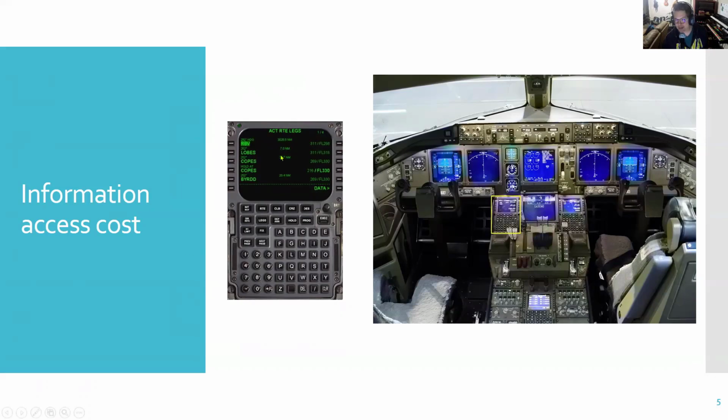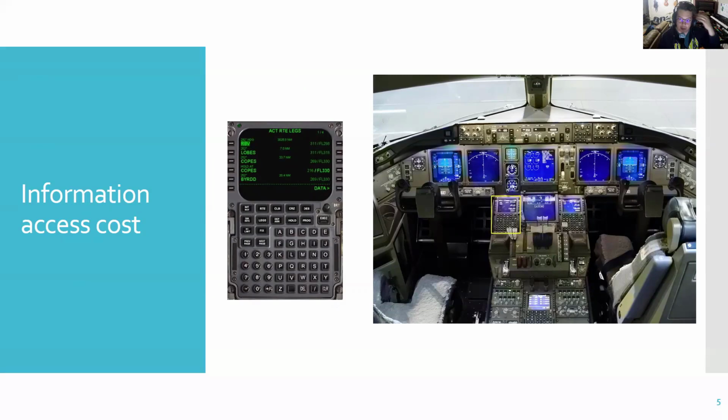And so it's interesting that some key pieces of information may take 5, 6, 7 button presses, which is especially costly at some times during flight, for example, like if I were landing. So some of these accidents involve things like, well, I had to get to the 7th page to find out that my current routing was taking me to the wrong waypoint because I entered it the wrong way. But it was so buried in here, I didn't see that until it was too late.